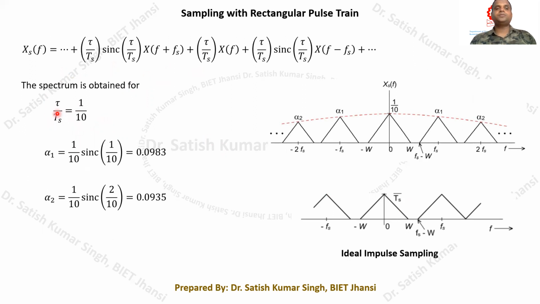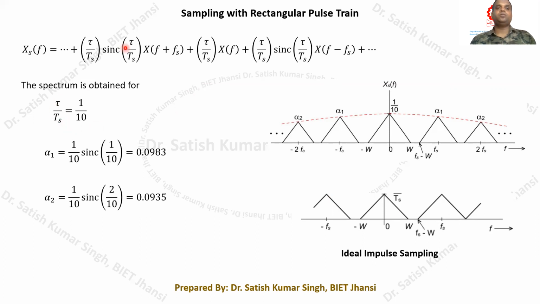What does it mean? Tau upon Ts equals 1 upon 10 means the sampling interval Ts is 10 times the width of the pulse train, because you can write Ts equals 10 tau. It means that the sampling interval is 10 times the width of the pulse.